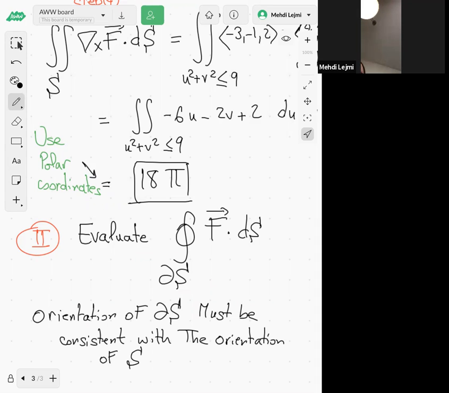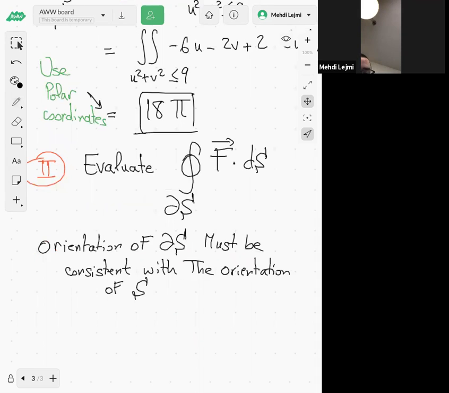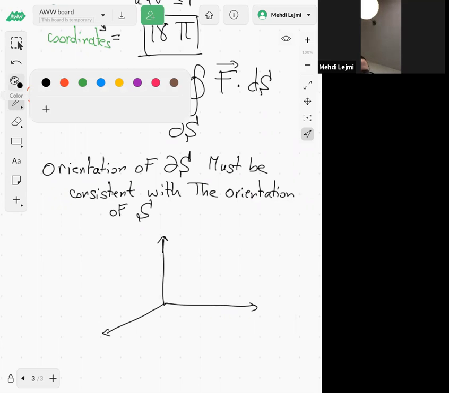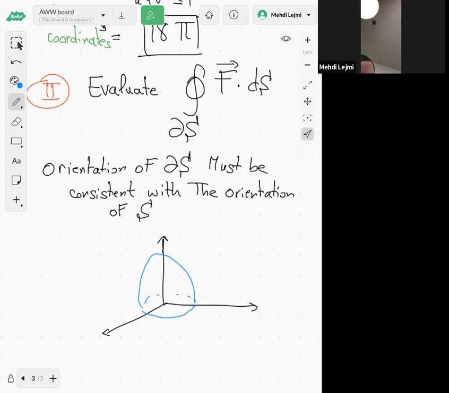All right. So how does this work? Well, let me just graph again. This is surface S, so we can see what I'm talking about here. I'm going to use a blue, for example. So this is my surface S, right? This paraboloid here.